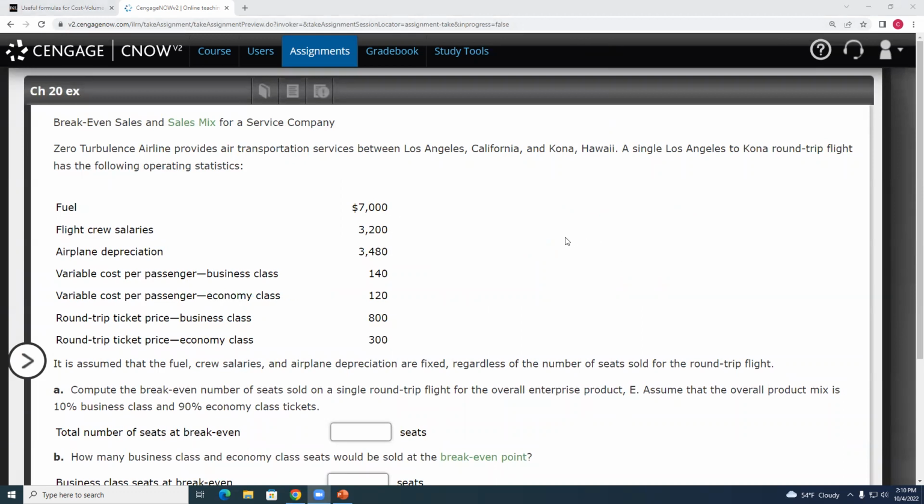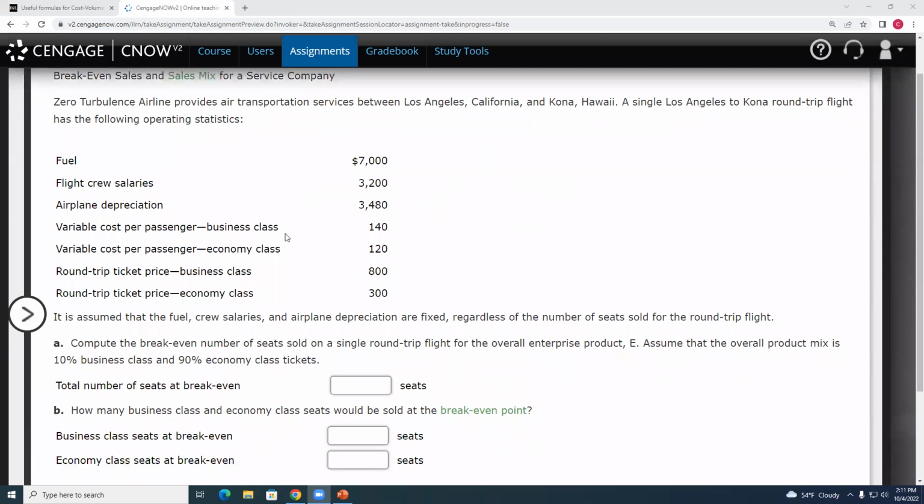In this exercise, exercise 9, as we frequently do, we're going to be looking not at a manufacturing company, but at a service company. We are told Zero Turbulence Airline provides air transportation services between Los Angeles, California, and Kona, Hawaii. A single Los Angeles to Kona round trip flight has the following operating statistics.